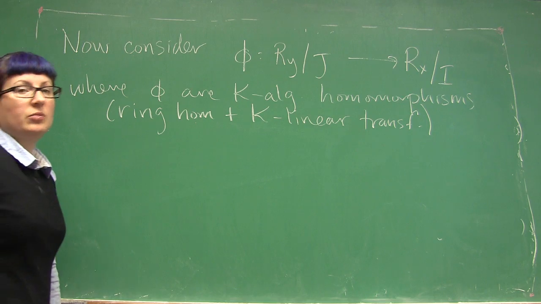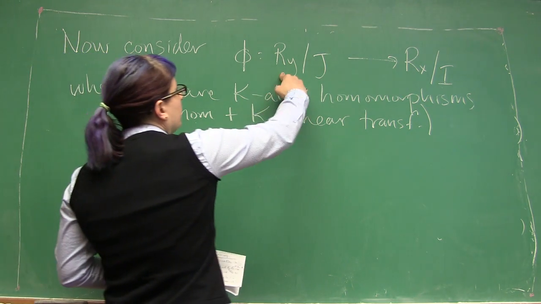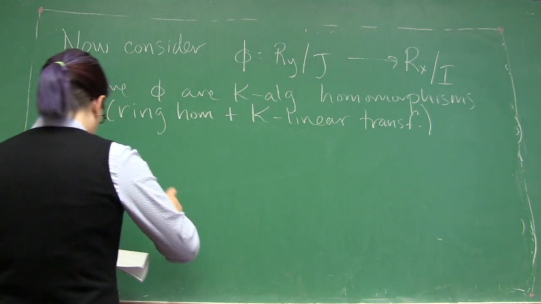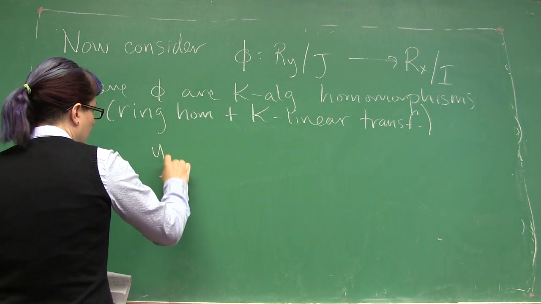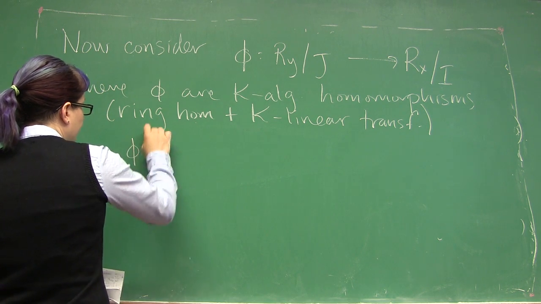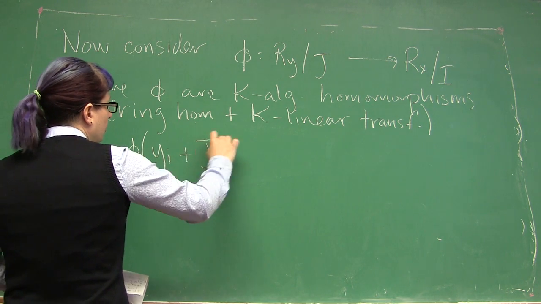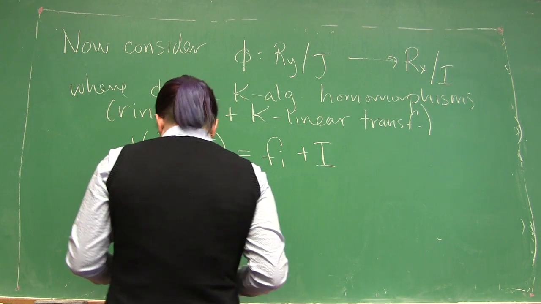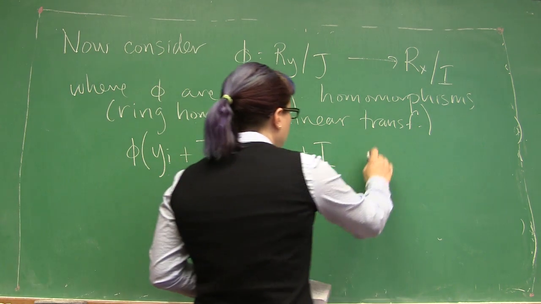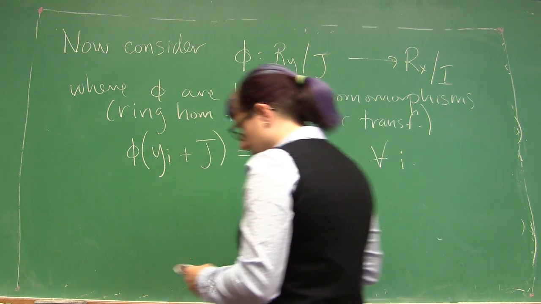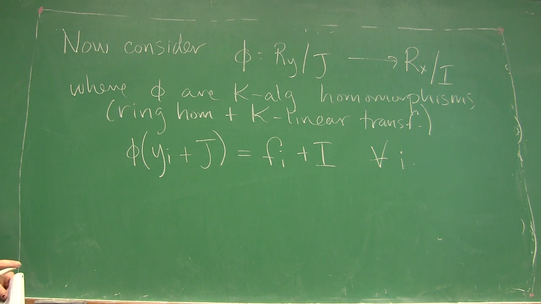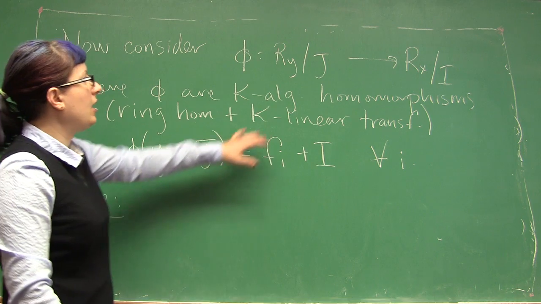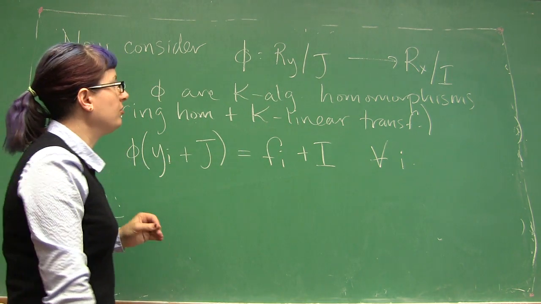So just like in the previous case, we want to know where the fundamental elements of our domain are mapped. So in this case, we'll assume that phi maps yi plus J, that coset, to the coset fi plus I. And since we're looking at a quotient ring, we want to make sure that our maps are well defined.